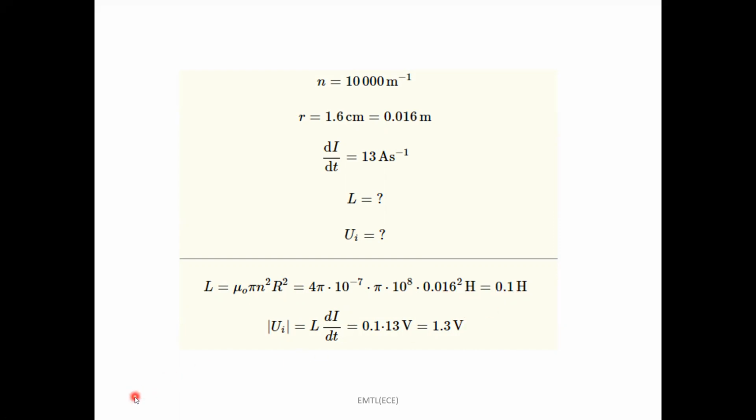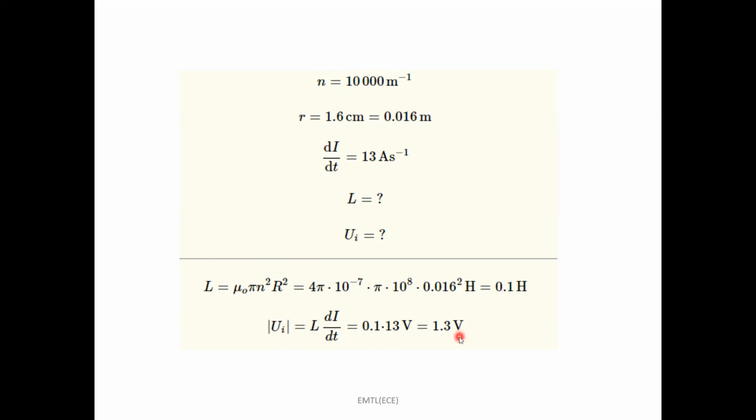And there is another part of the problem. We have to find the induced EMF, which is equivalent to L di by dt. The di by dt value is clearly given, 13 amperes per second, and the L value we have already calculated. So by multiplying 0.1 with 13, the resultant value is 1.3 volts.